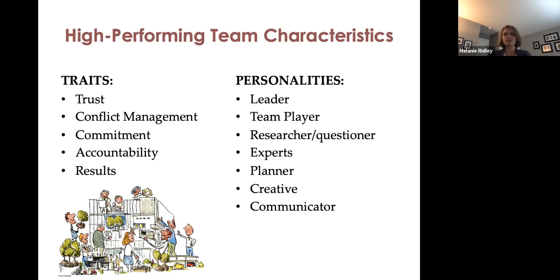Commitment to our teams. And buy-in for a team doesn't require consensus. Sometimes it means putting the needs of the team above what you may think personally or what you prefer, and bringing that commitment to achieving the shared goal for your team.